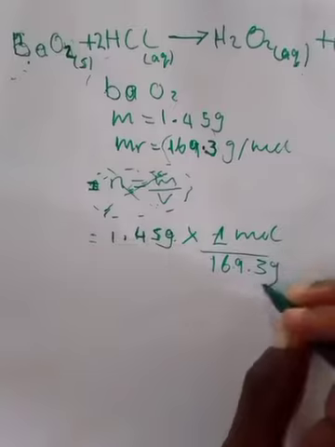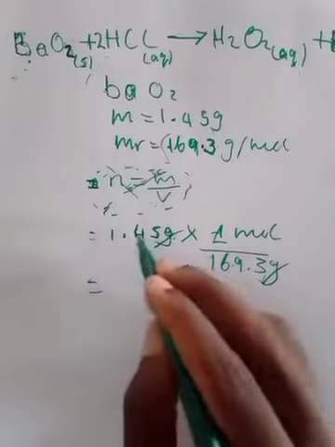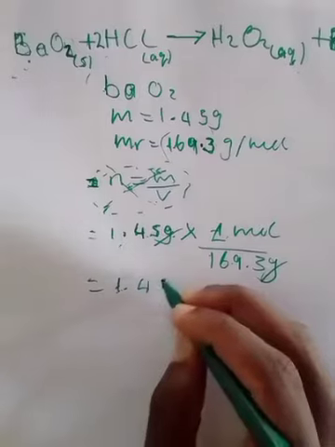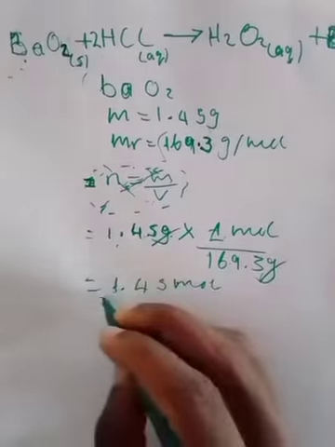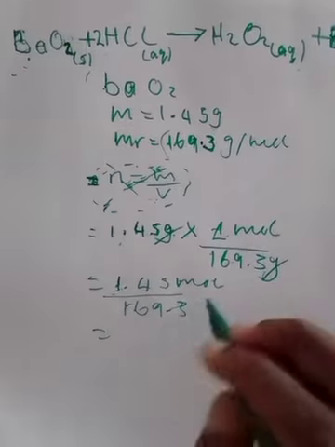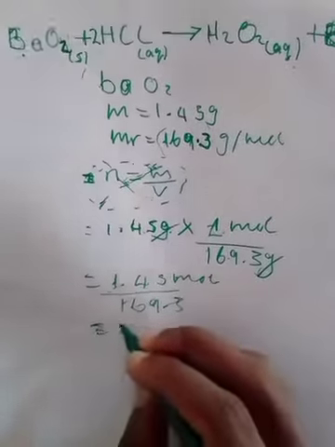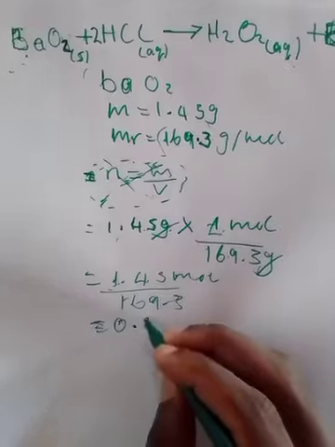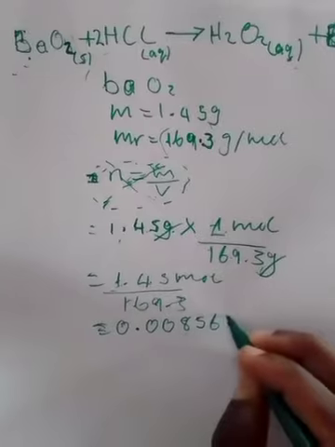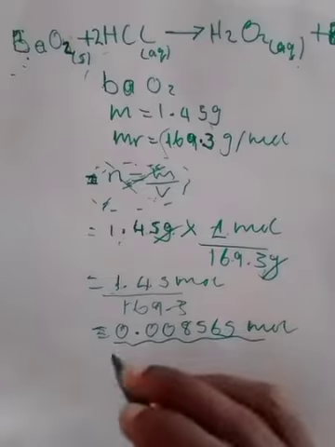You're just going to remain with 1.45 times 1 mole, which is going to give you 1.45 moles over 169.3. Okay, and then now you're going to divide this, and you're going to get 0.008565 moles. Don't forget to write the SI unit in it. It is very important. So right now you have found the number of moles for barium peroxide.